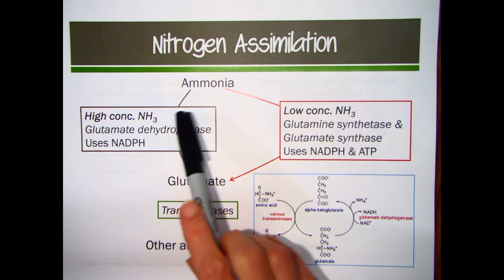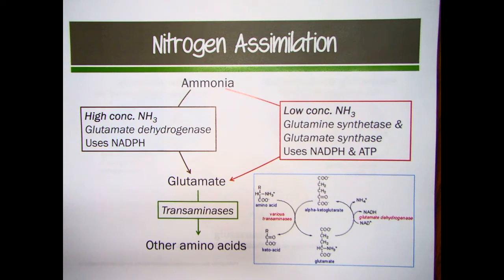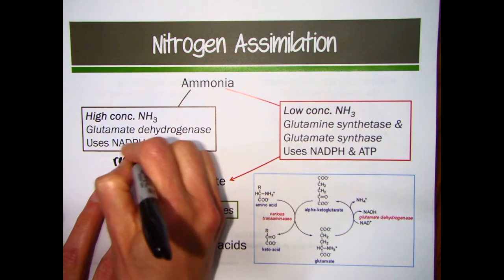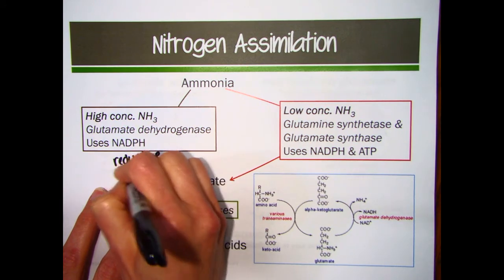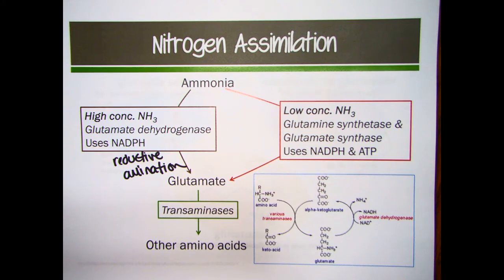So if there is a lot of ammonia, then the bacteria will use this pathway, which is alternatively called reductive amination. I'll write this down on the next slide. Both of these make glutamate.